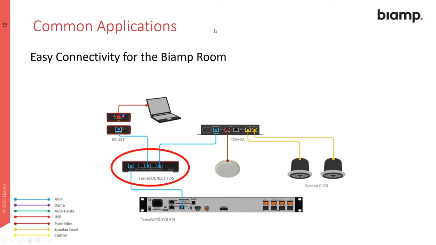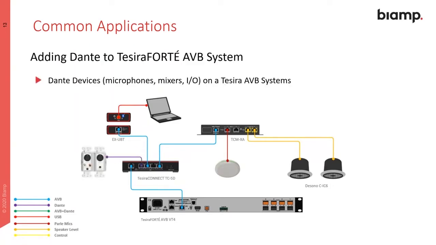The next application that can be done is to enable Dante, for example, a microphone. A lot of times, if you have an RDL connectivity faceplate which runs over Dante, you already have a system running over AVB, but now you want to integrate Dante into your system.